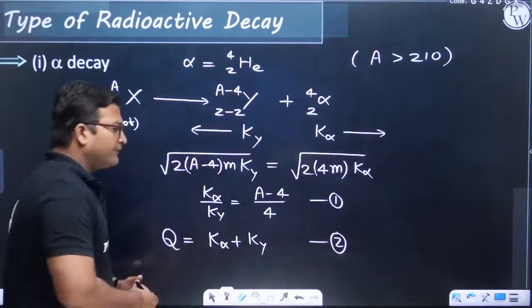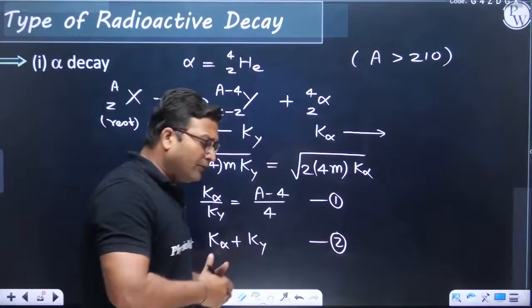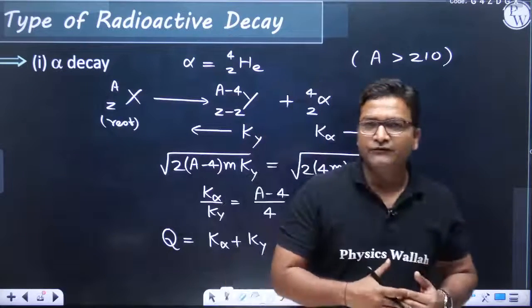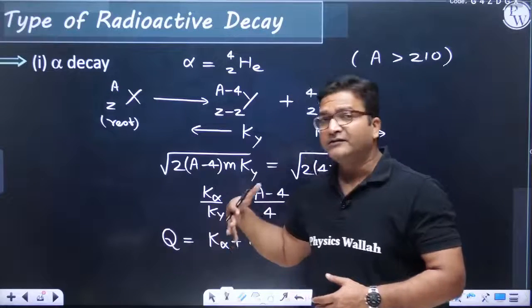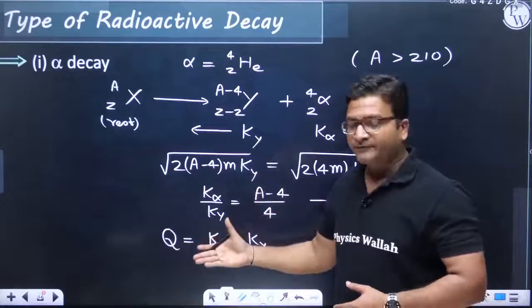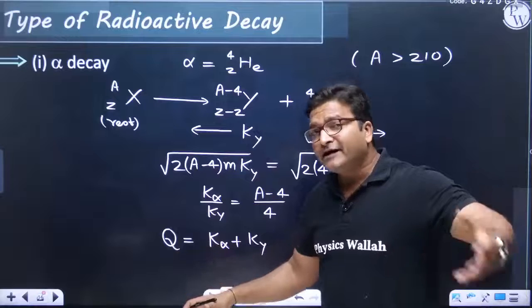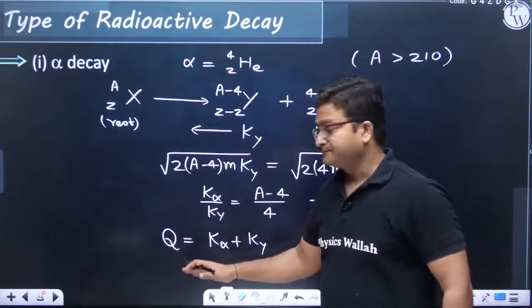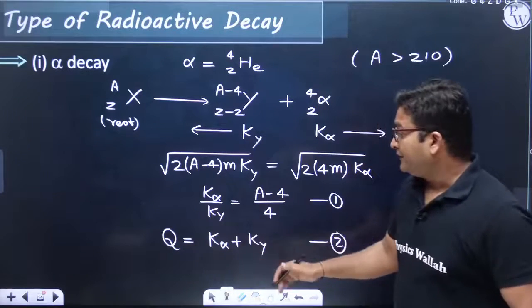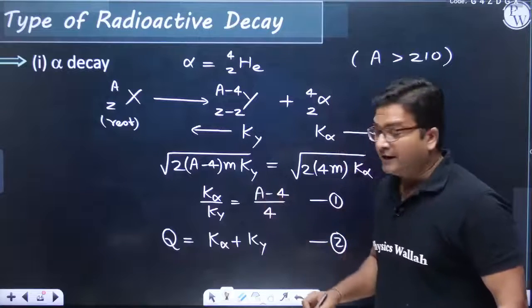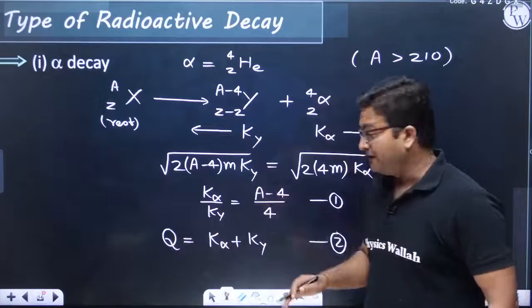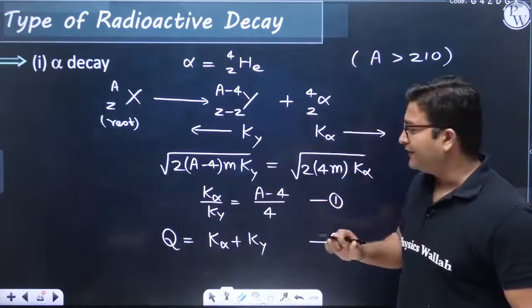And if somehow by any of the 3 methods, in fact 2 methods explained before this, you know the Q value, or they directly give you the Q value in the question, you can calculate the kinetic energy of the alpha particle and the kinetic energy of the daughter nuclei using these 2 equations very easily.